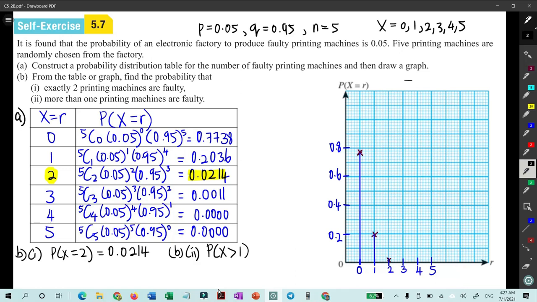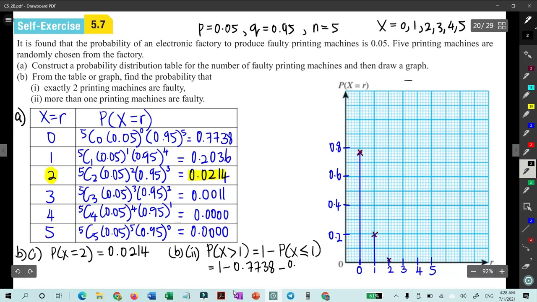But rather than doing that, we can easily take the probability when x equals 0 and 1, and subtract these two values from 1. So 1 minus P(x ≤ 1). So it's going to be 1 minus 0.7738 minus 0.2036.